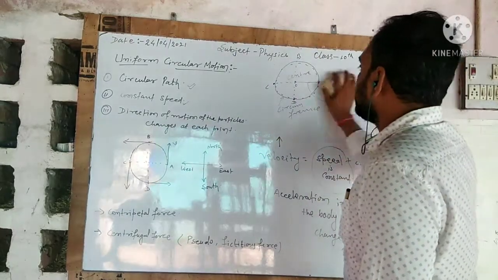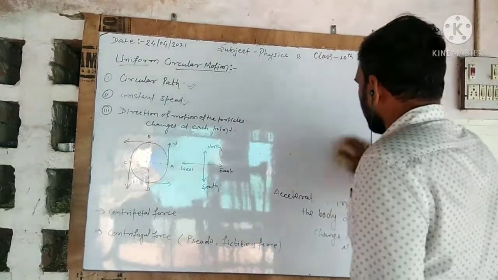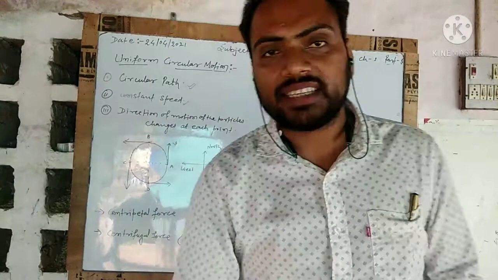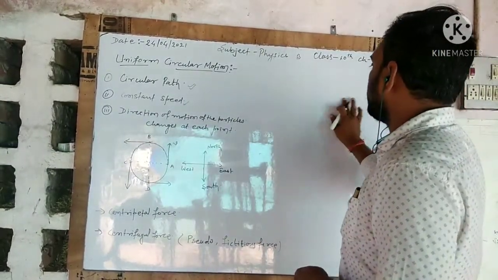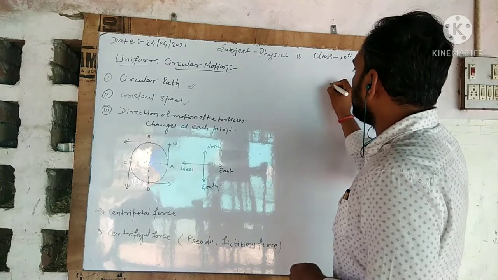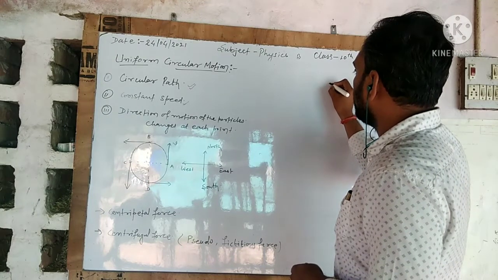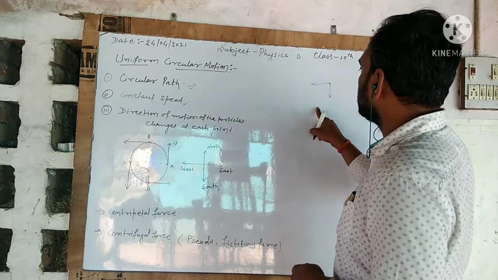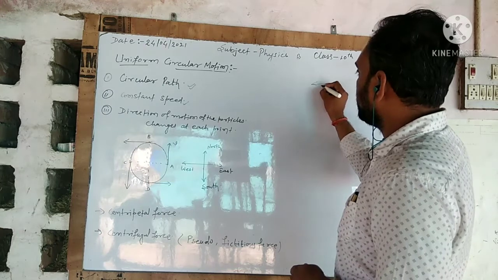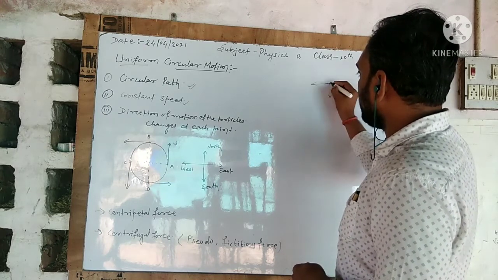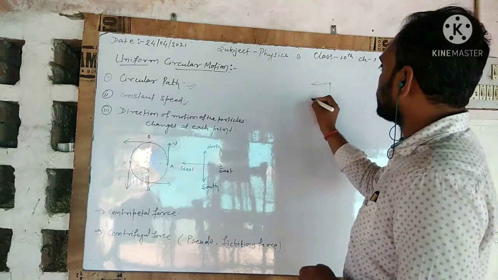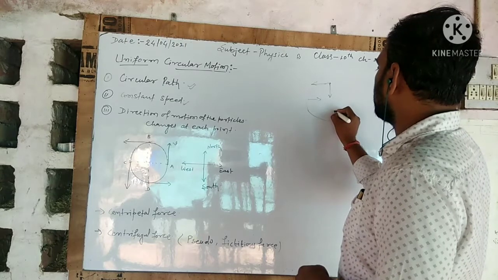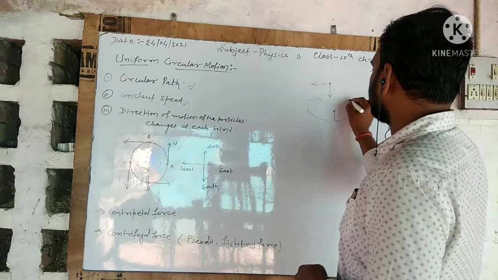Come to the point. What is centripetal force? As the direction is changing at each and every point of the motion, if a body is moving in a circular path, it will always tend to move in the tangential direction. If you have to change the direction, definitely there should be a force toward the center.